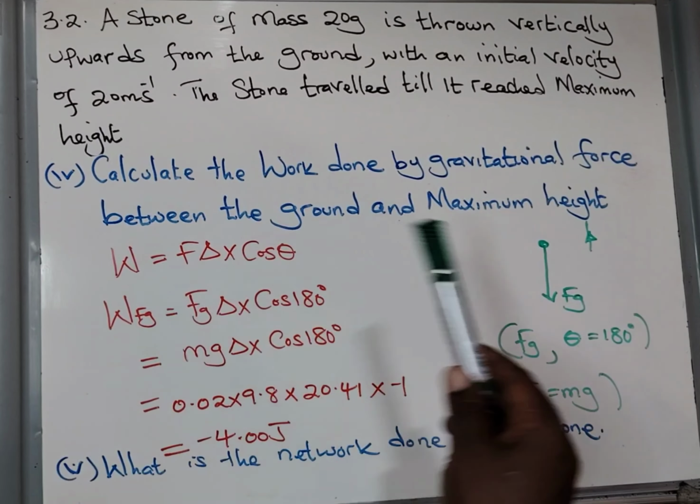So for this stone of ours, there was only one force which was acting, and that force was the gravitational force. So the work done by gravitational force is the net work done on the object. So what is going to be the answer? The answer is going to be -4 joules.